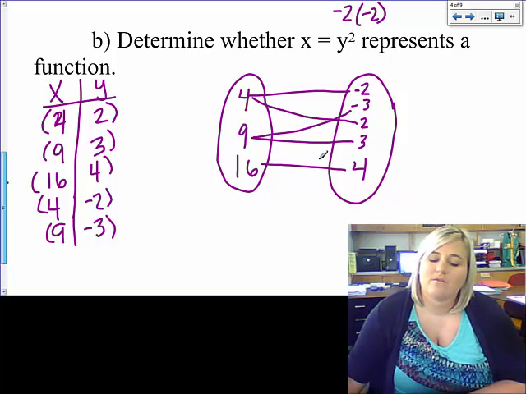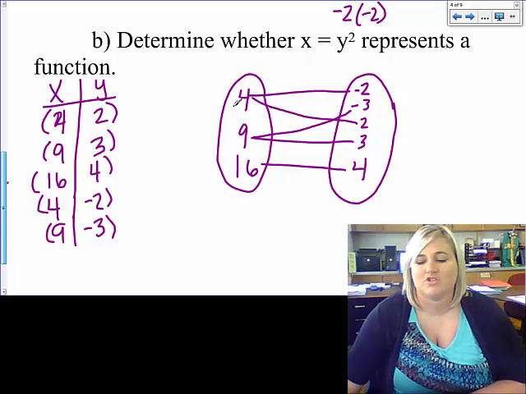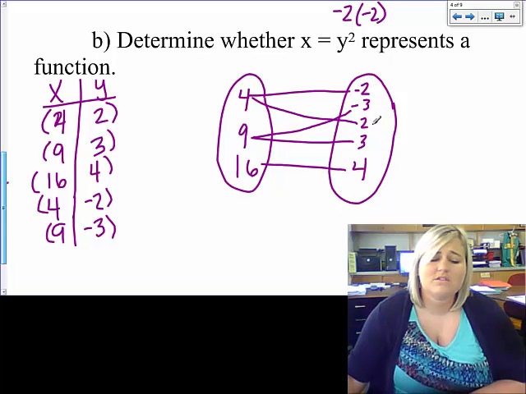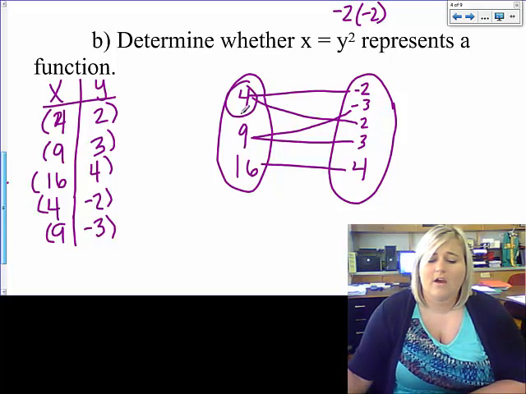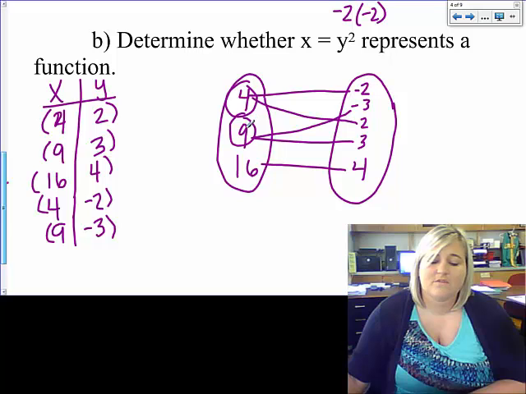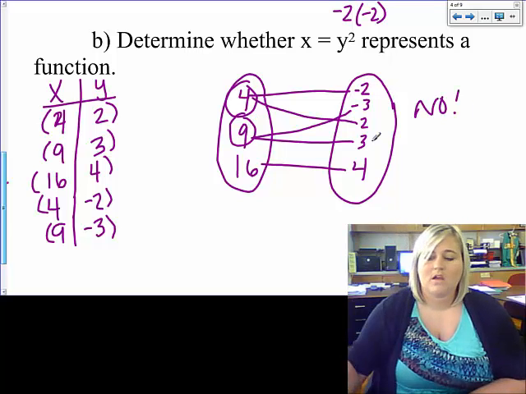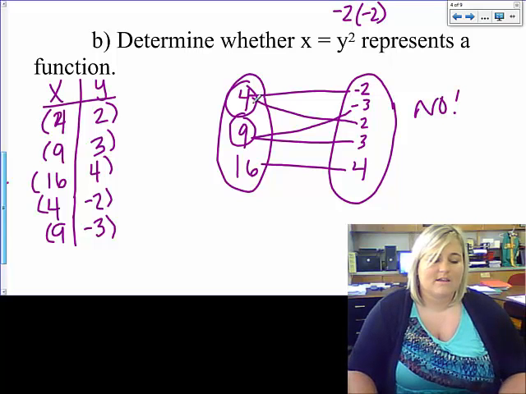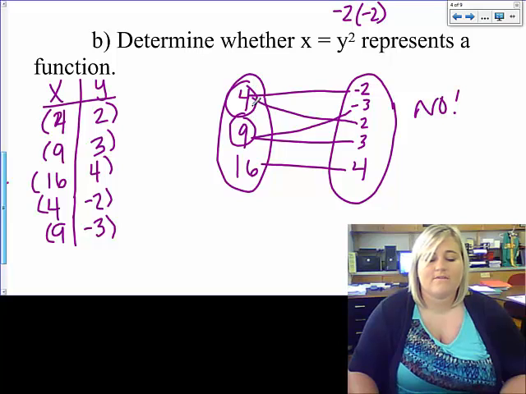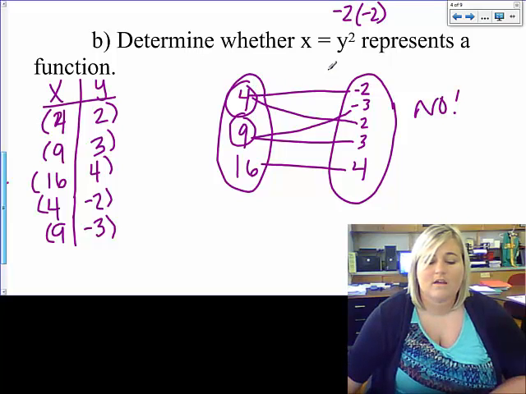Well, once I have this, do I have each input value having exactly 1 output value? Well, the 4 and the 9 both have 2 output values, which means no, it's not a function. Is it a relation? Yes, because they each go to at least 1 or more, but because they have 2 of them, or even just 1 of them that has more than 1 output, that makes it not a function.